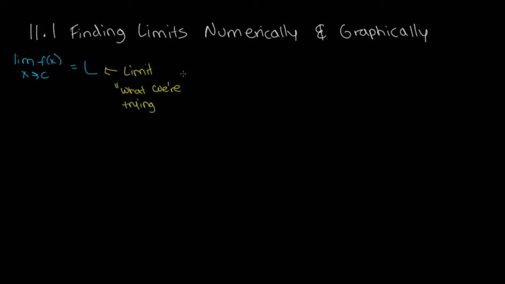This was usually the solution. In this case, we're trying to find limits using the methods of numerically and also using graphs to help us find the limit. There are also other methods to find limits, but right now we're going to focus on these. So the limit is what we're trying to find.